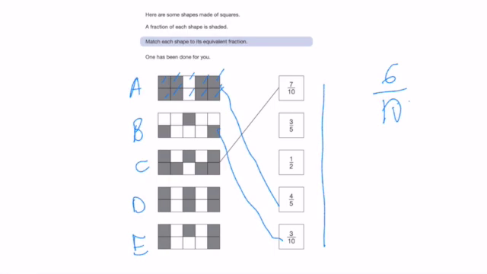And excuse me, messy. 6/10. And I'm looking down here, and the only available ones is this one or this one. 3/5 or 1/2. Well, 3/5 is the same as 6/10. So it's going to be that one. And then the last one is a half. So it should be 5/10. 1, 2, 3. And it is. 5/10 is a half.